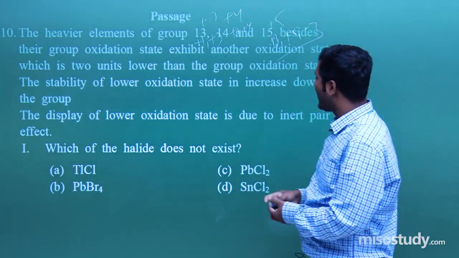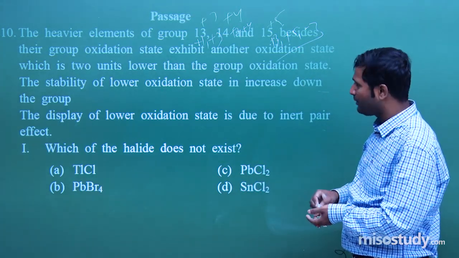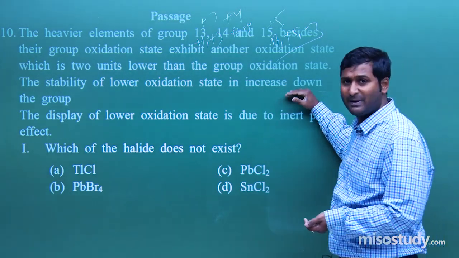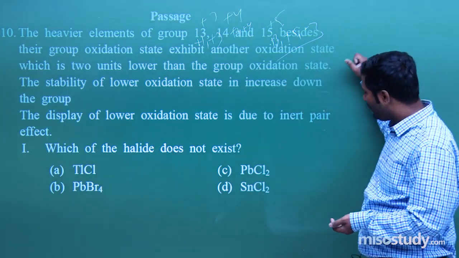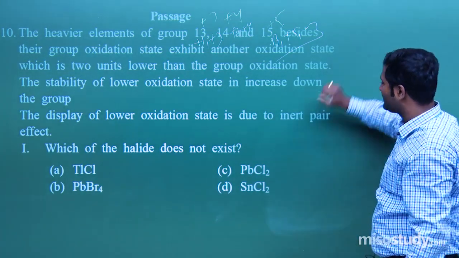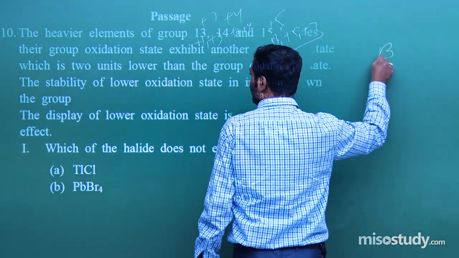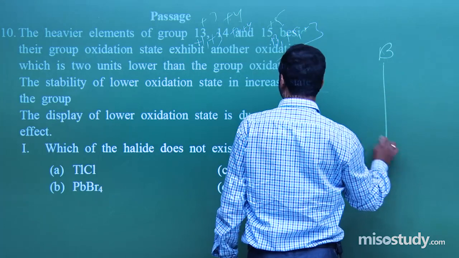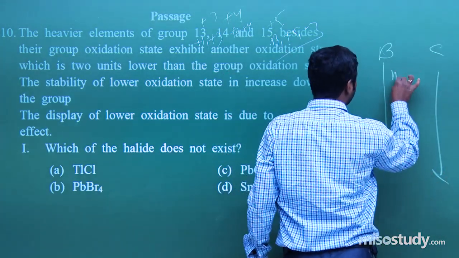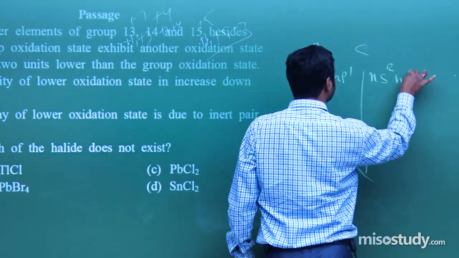The stability of the lower oxidation state increases down the group. Why? This is due to the inert pair effect, as I've discussed during my lecture session. The display of the lower oxidation state is due to the inert pair effect. If I talk about group 13, from boron down the group, the electronic configuration is ns2 np1. For group 14, carbon down the group, the electronic configuration is ns2 np2.